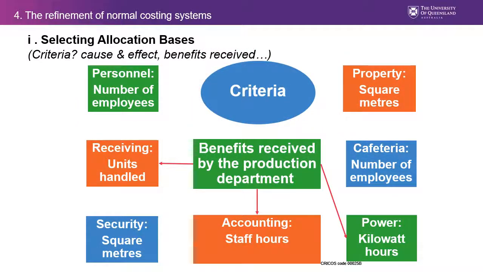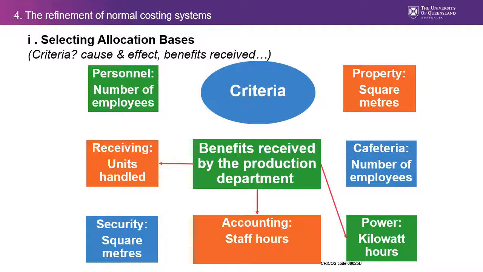So selecting the allocation base. Remember, we had a number of criteria, and they included cause and effect, benefits received, fairness and equity, ability to bear. So the most accurate is the cause and effect relationship. We might also do it based on the benefits that are received by the production department. The least accurate are using ability to bear or fairness and equity.